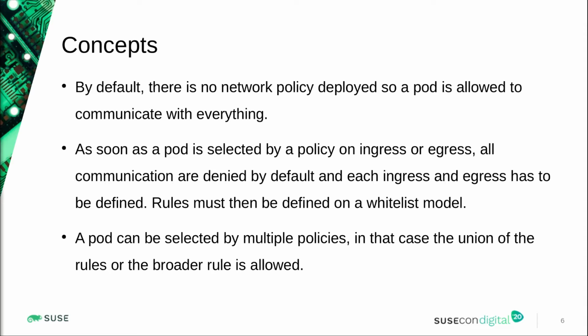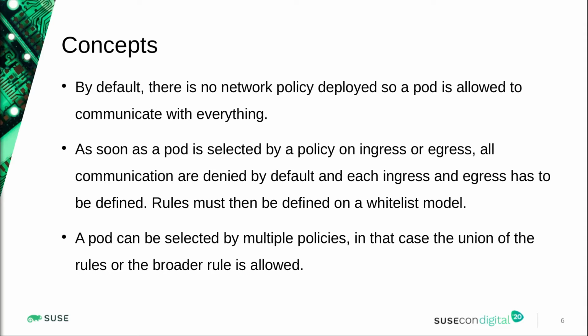It's also important to know that if you have a pod selected by a policy, either ingress or egress, then only the rule which is defined to allow traffic will be used. So all the other traffic will be denied by default. This is what we call a whitelist model. As soon as a rule is applied, then in this direction, all the other traffic is forbidden.